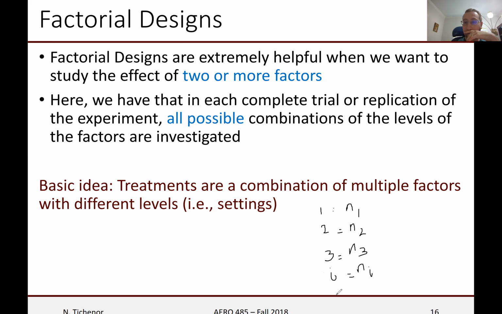All together we have k factors, where the kth one will take nk. The total number of experiments is n1 times n2 times ni, all the way to nk. That's the total number of experiments that we need to do.